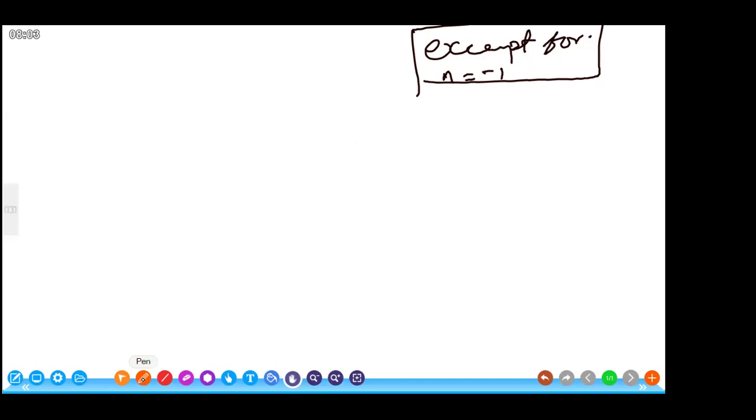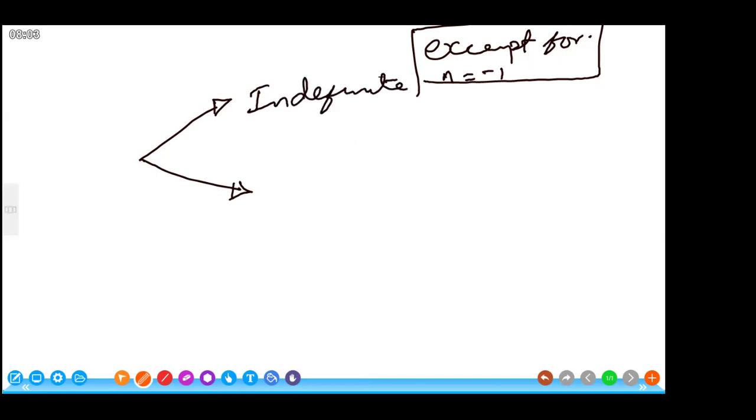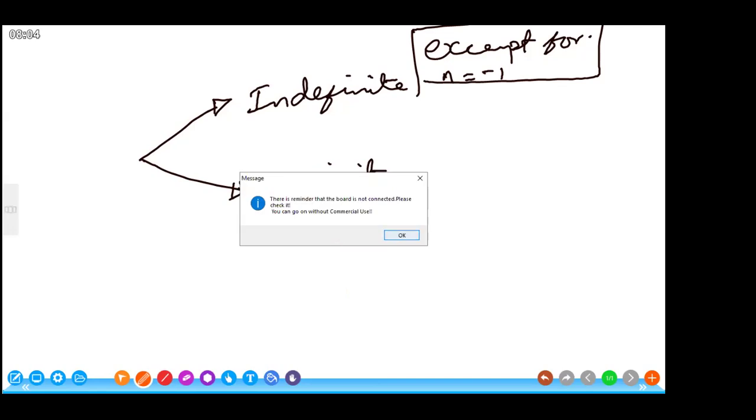Any questions on integration up to now that we have talked about? We talked about 2 types of integration. One is the indefinite one, the other is the definite one. With the indefinite one, as you all know, we are not sure about the constant.